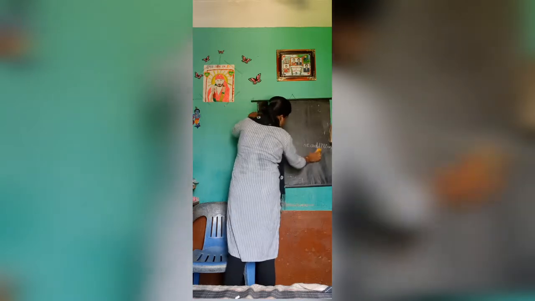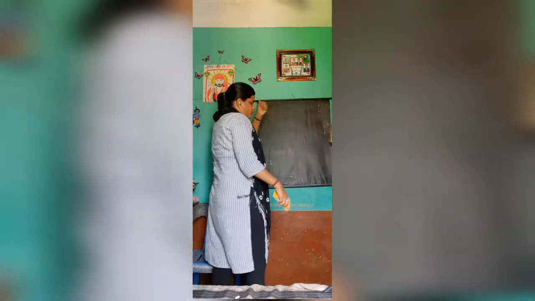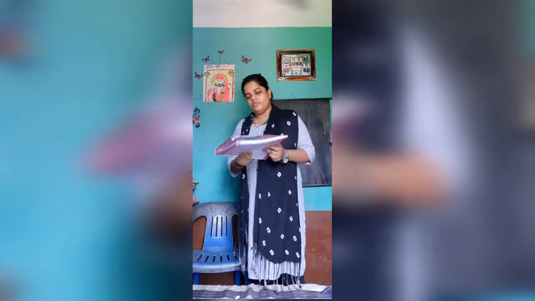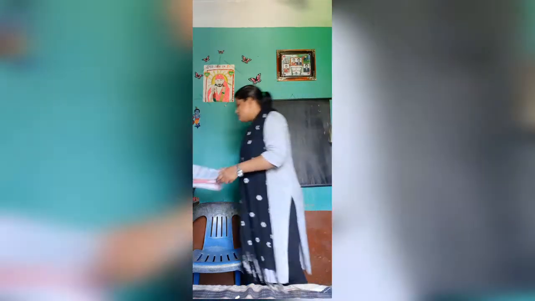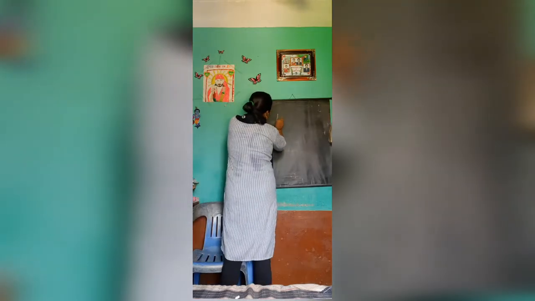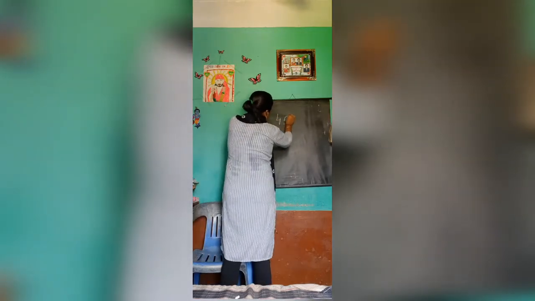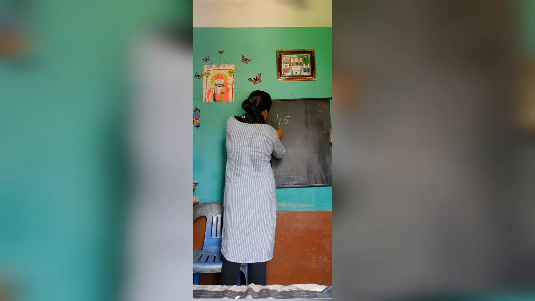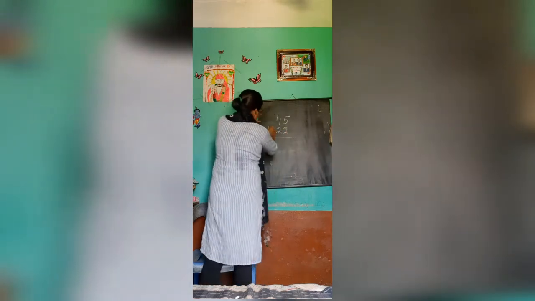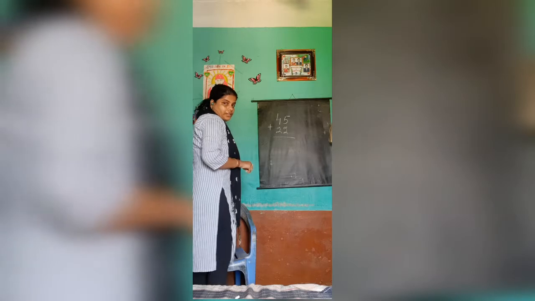Already we discussed how we get the addition result. Suppose an example like that: 45 addition with 22. Here is your addition sign.